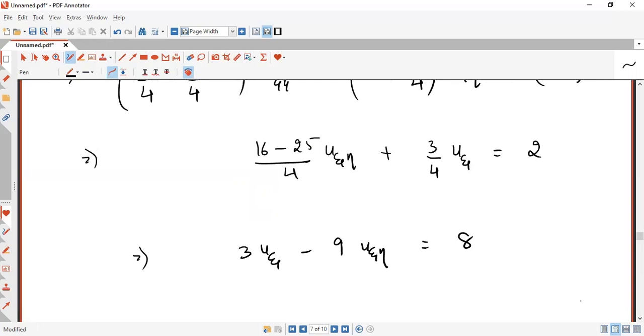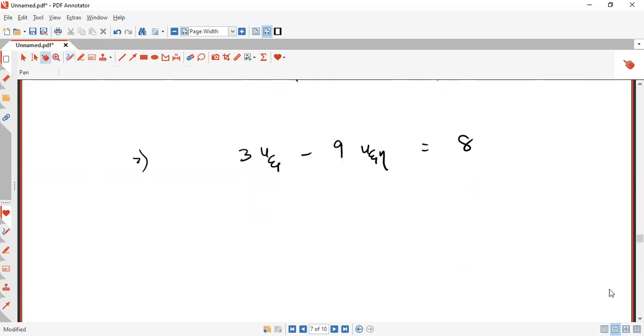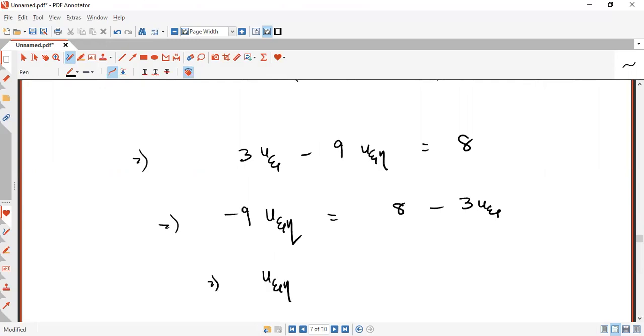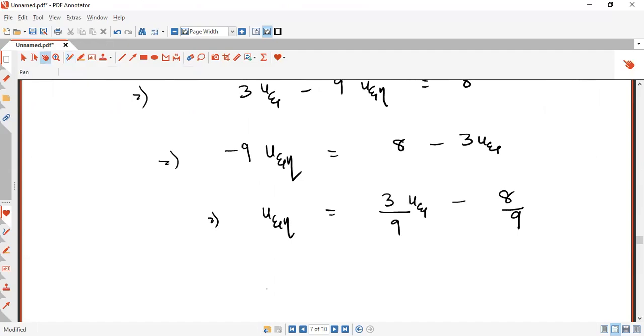So what will be u eta? u eta will become what? 8 minus 3 u z minus 9. So u eta will become what? 3/9 u z minus 8/9. Your answer has come. u eta as 1/3 u z minus 8/9.